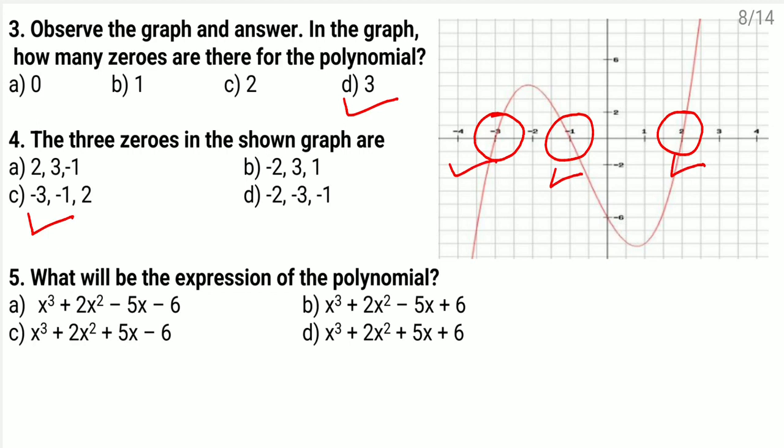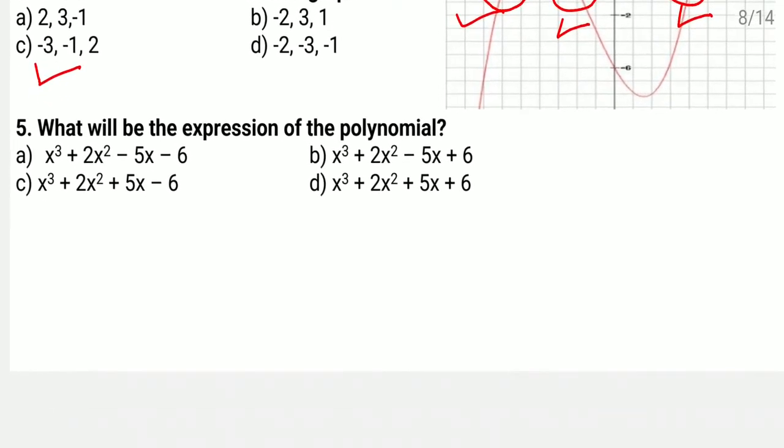Now what will be the expression of the polynomial? As it has 3 zeros, that means it is a cubic polynomial. So I'll write down here our alpha. See here, alpha is minus 3, then beta which is equal to minus 1, and gamma which is equal to 2. So 3 zeros are there.